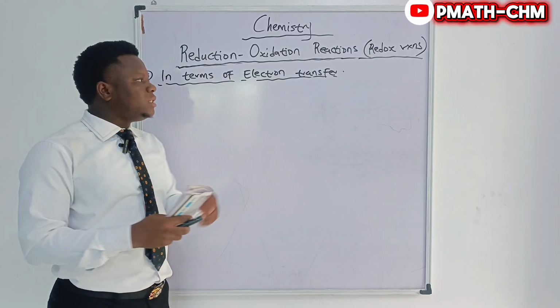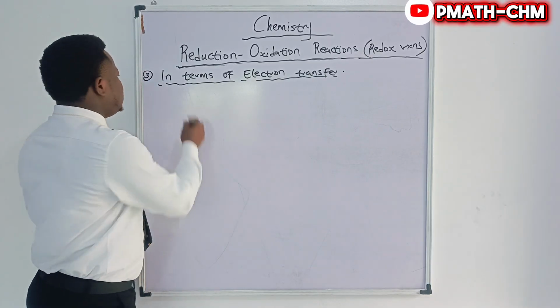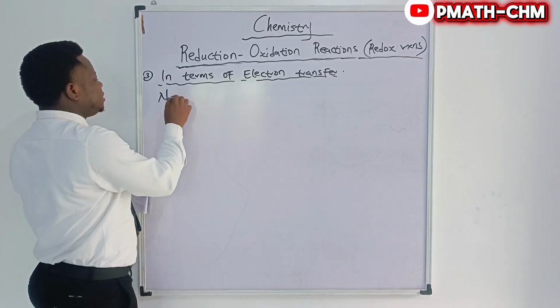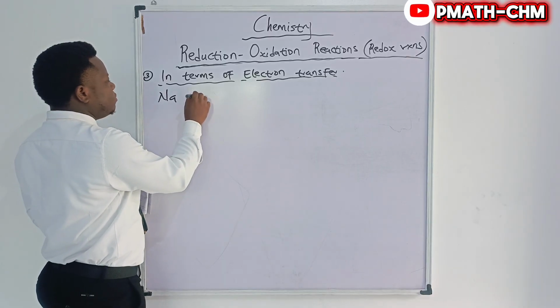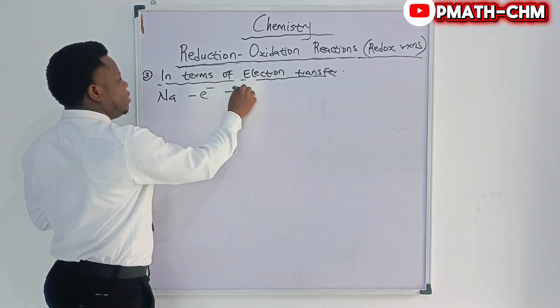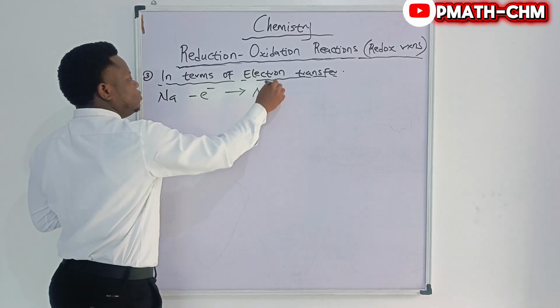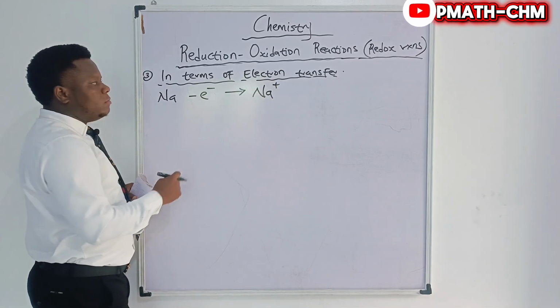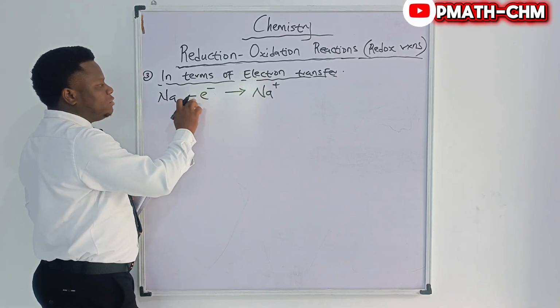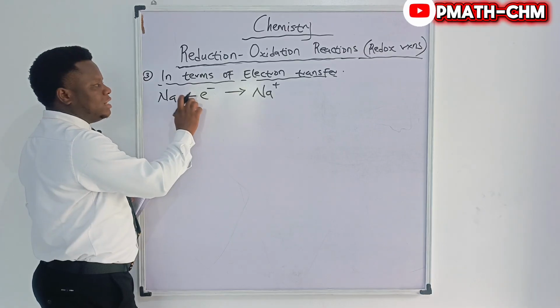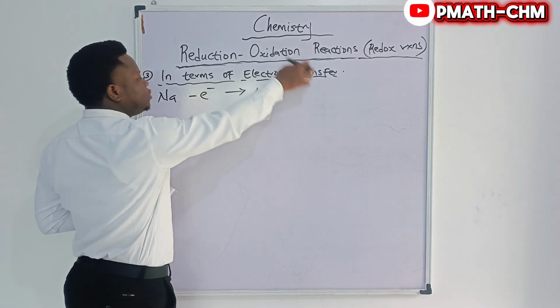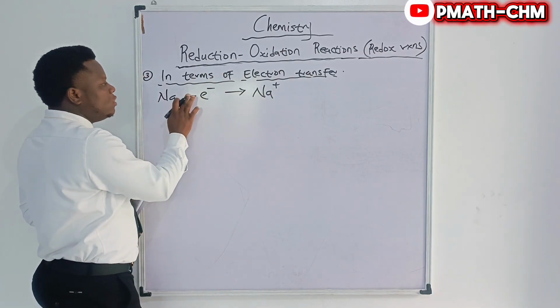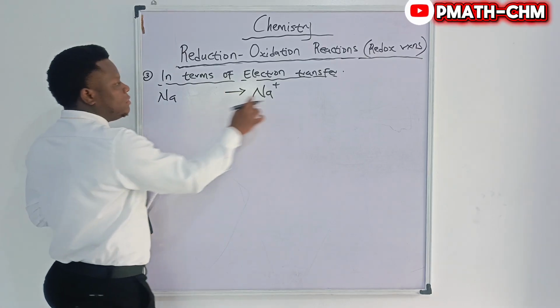For example, sodium. When sodium loses one electron, it becomes a sodium ion. But in chemistry, we don't write the negative sign. So I'm going to take this electron over to the other part of the board. So this would leave, and then I write it here.